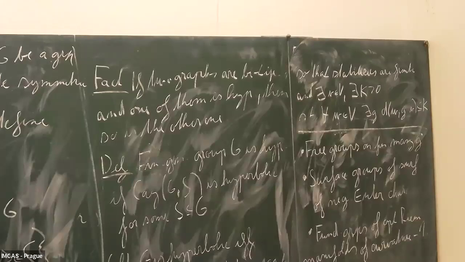If you fix m and n and send the length L to infinity, the probability that the group you get is hyperbolic, the ratio of hyperbolic to non-hyperbolic, goes to 1. So in this sense, a random group is hyperbolic.